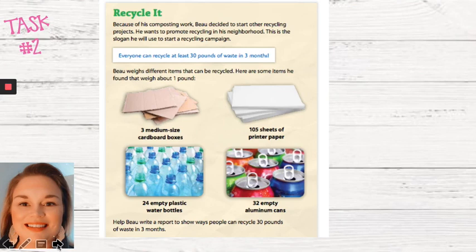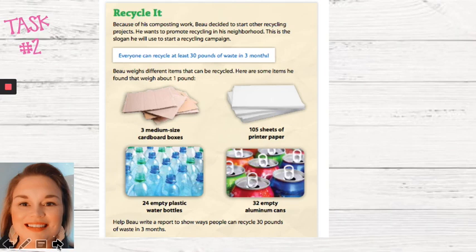So now let's look at task 2, recycle it. The problem here is because of his composting work, Bo decided to start other recycling projects. He wants to promote recycling in his neighborhood. This is the slogan he will use to start a recycling campaign.